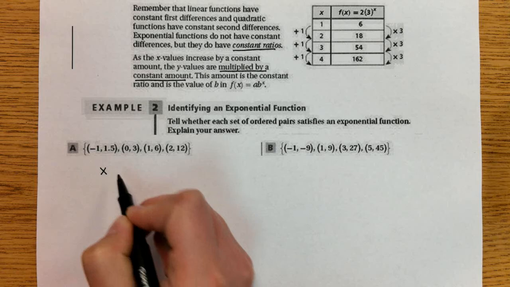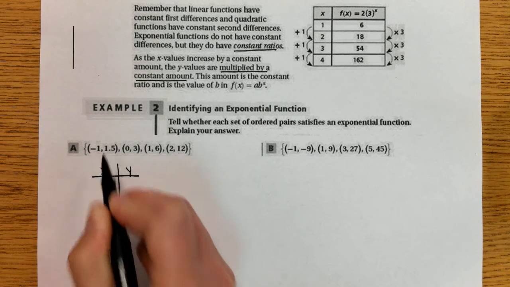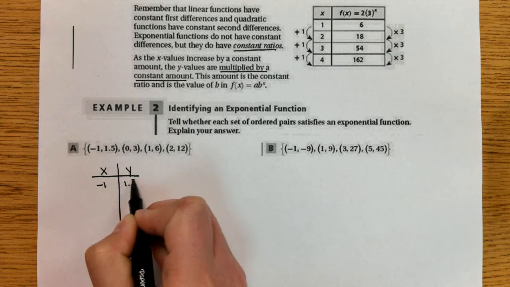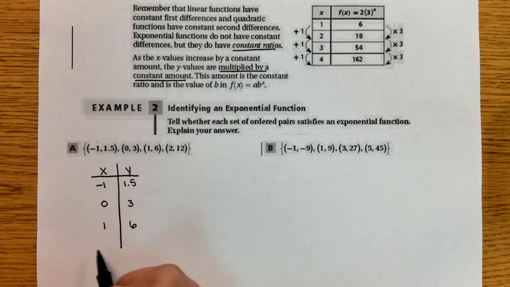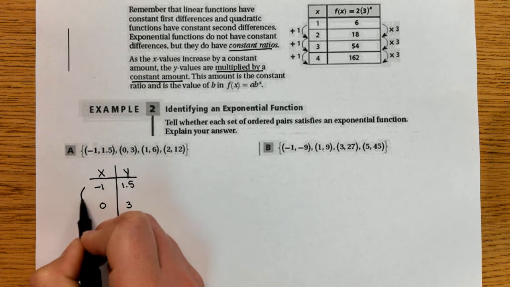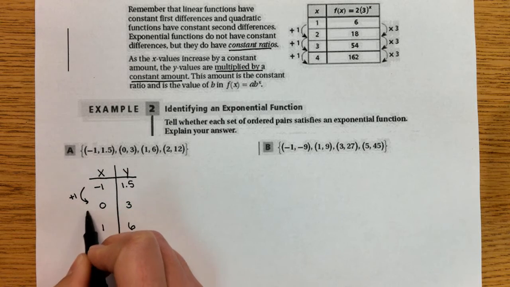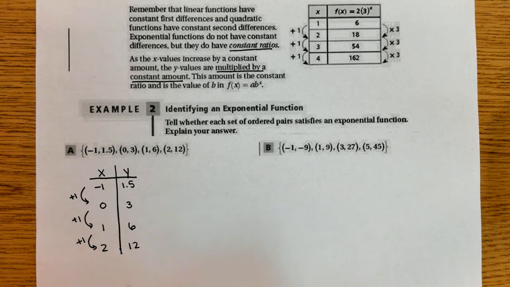So I'm going to set up an xy table. My coordinates are -1, 1.5, 0, 3, 1, 6, and 2, 12. For my x values, I'm adding 1 each time, so I have a constant change in my x value.